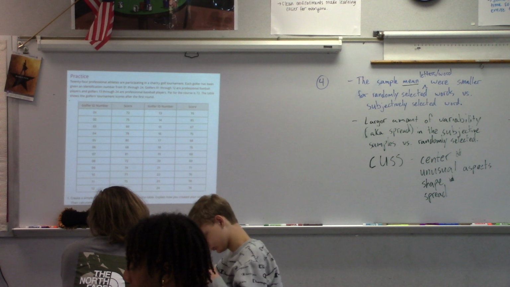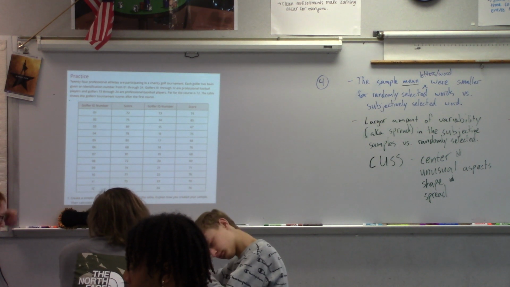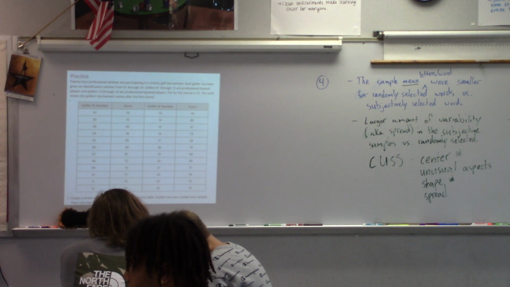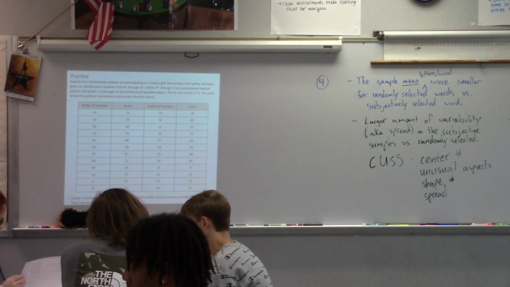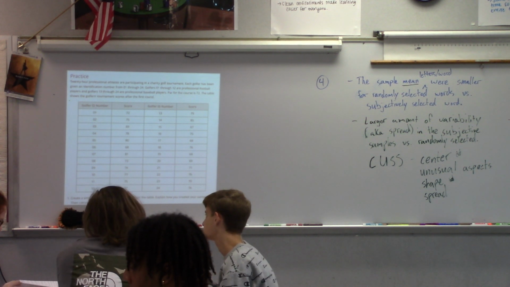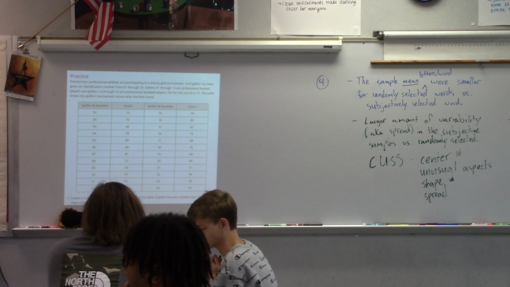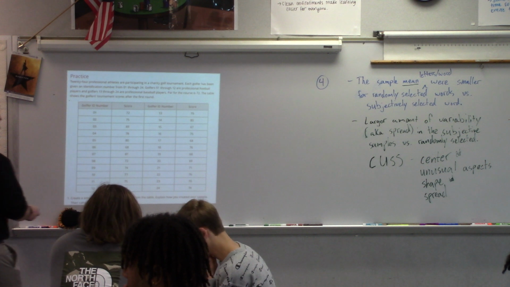Does that make sense? And so identify which sample was gotten from the random digit table, which one was from the random number generator. And so we're just going to look for 6 golfers and we're going to find those averages. And we're going to talk about what the average score was.